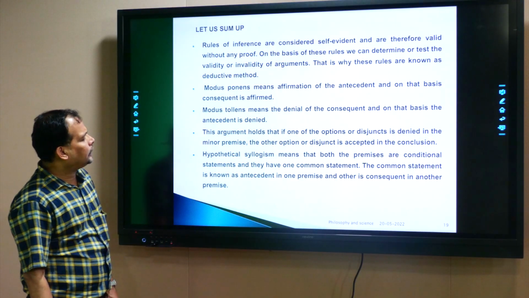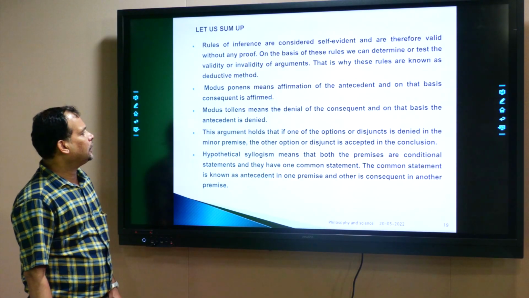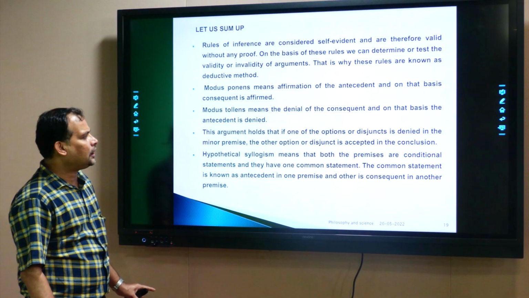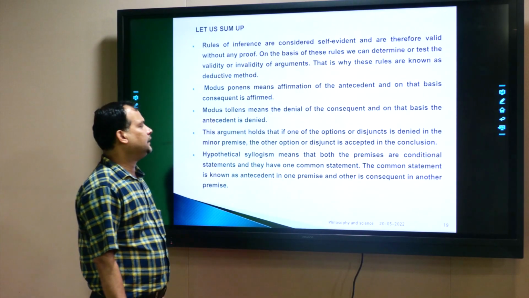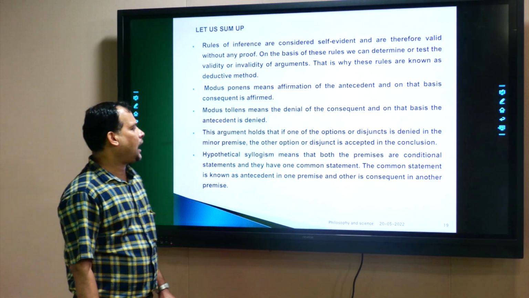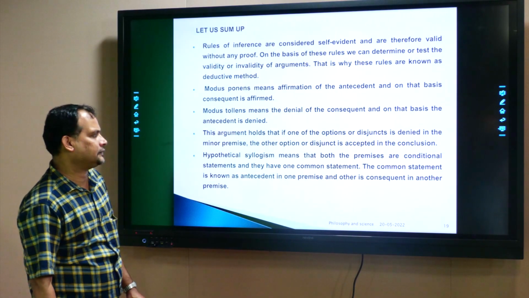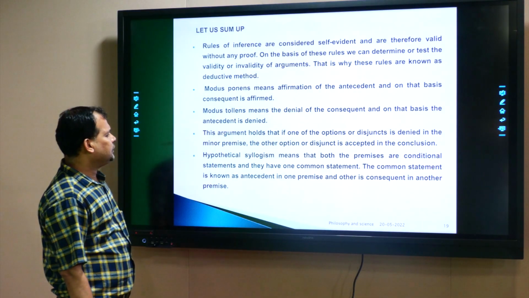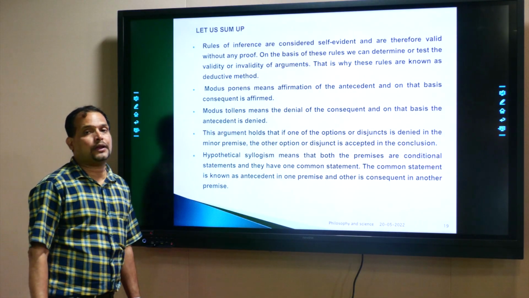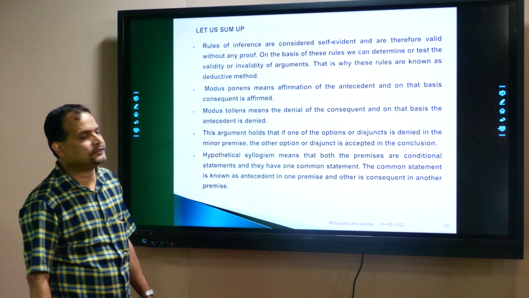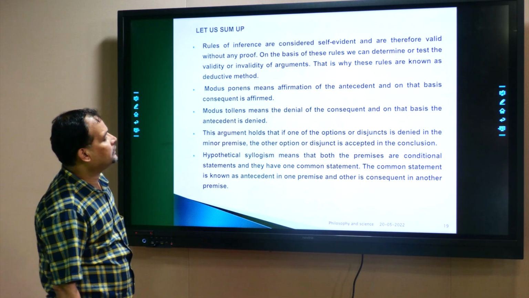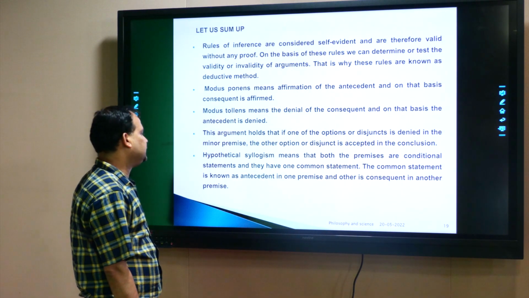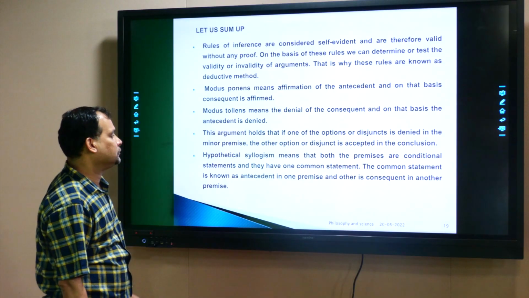Another basic point is that this argument holds that if one of the options or disjuncts is denied in the minor premise, the other option or disjunct is accepted in the conclusion. This one is disjunctive syllogism. Another basic point, dear learners: hypothetical syllogism means that both the premises are conditional statements and they have one common statement.